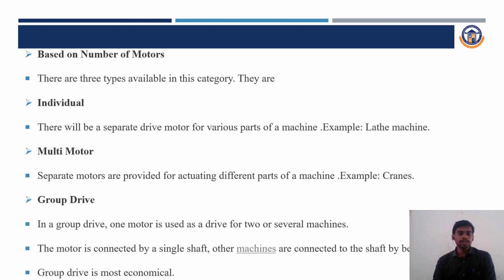Next one is group drive. In a group drive, one motor is used as a drive for two or several machines. The motor is connected by a single shaft, and other machines are connected by the shaft. It's called a group drive. Group drive is the most economical because we have a single motor and the operation performed on a group of machines.